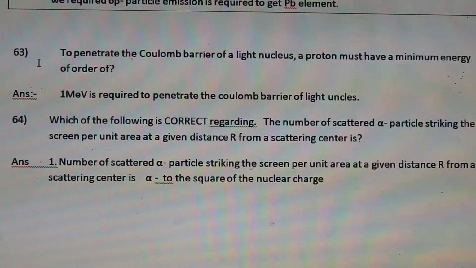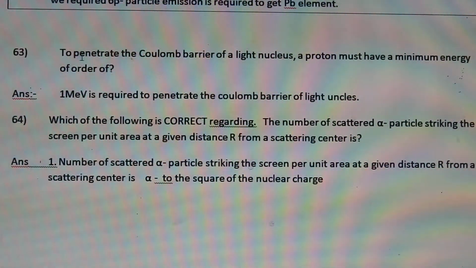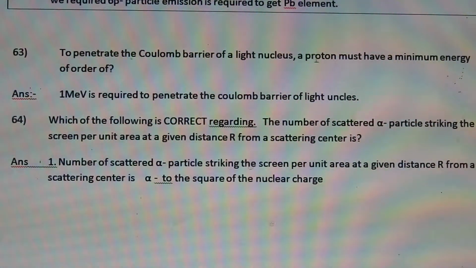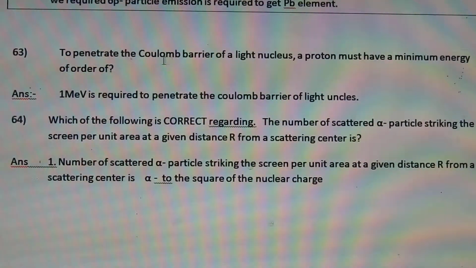Now, to penetrate a Coulomb barrier of a light nucleus, a proton must have minimum energy of the order of... This means the amount of energy required for a proton to penetrate the Coulomb barrier of a light nucleus.